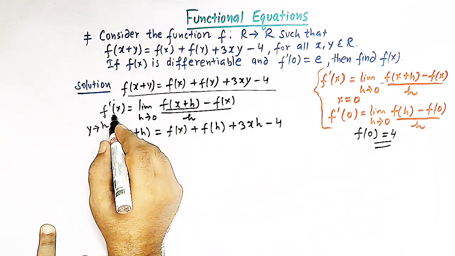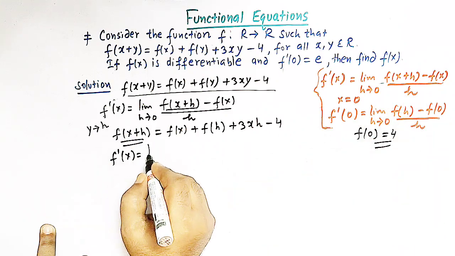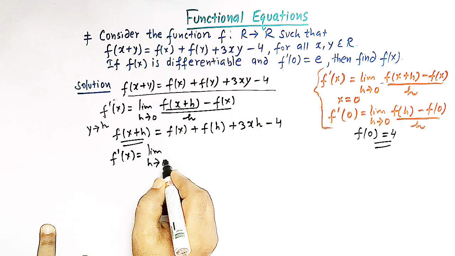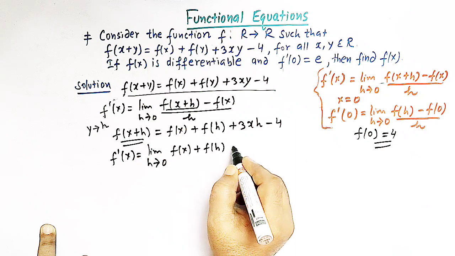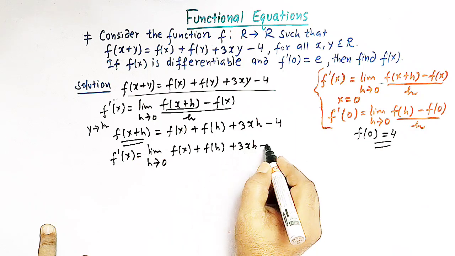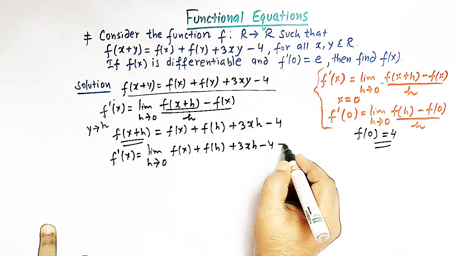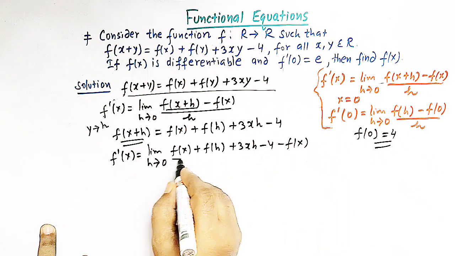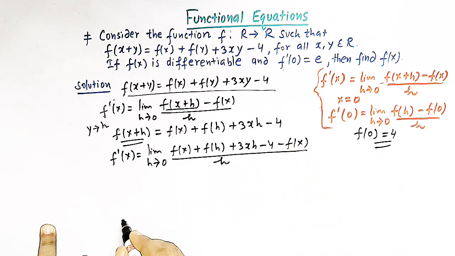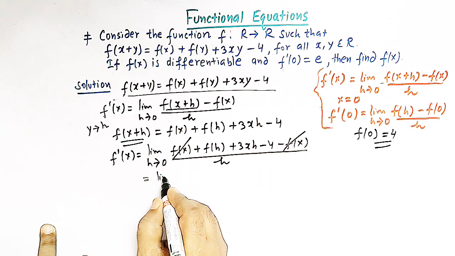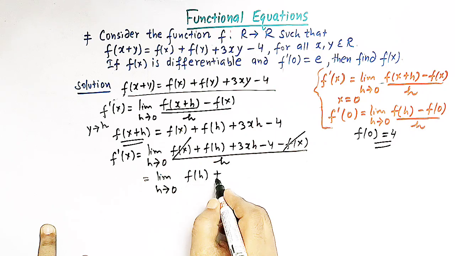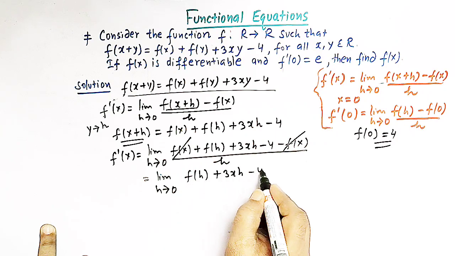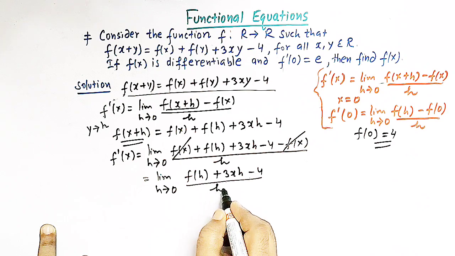So we have f prime of x is limit h tends to 0, f of x plus f of h plus 3xh minus 4, and here we have minus f of x, and in the denominator we have h. Now f of x and f of x get cancelled, so we are left with limit h tends to 0, f of h plus 3xh minus 4 divided by h.